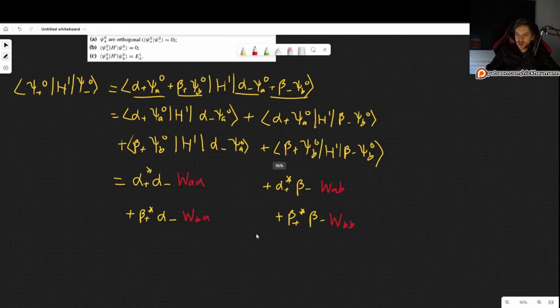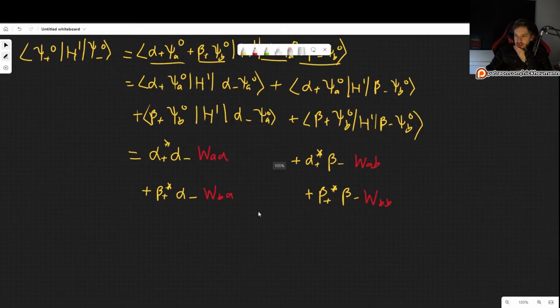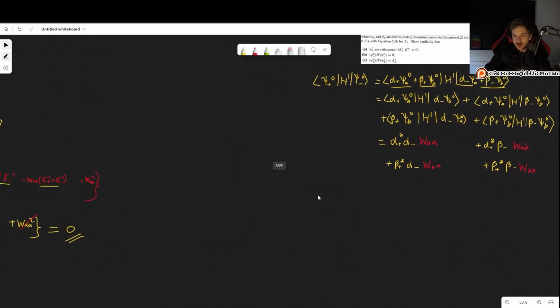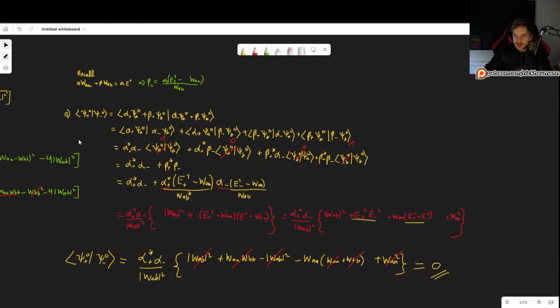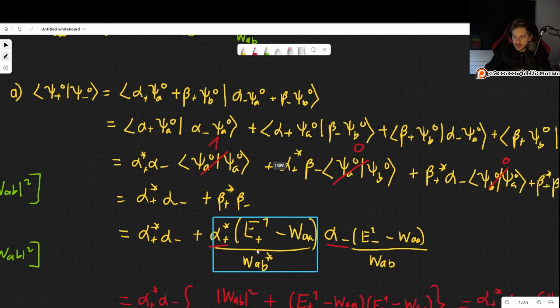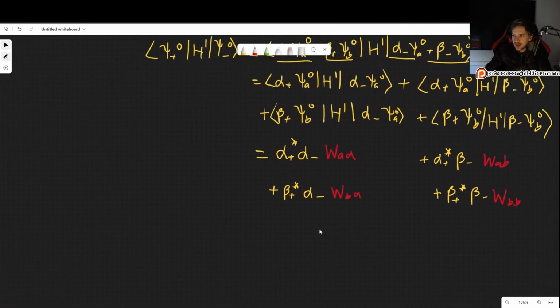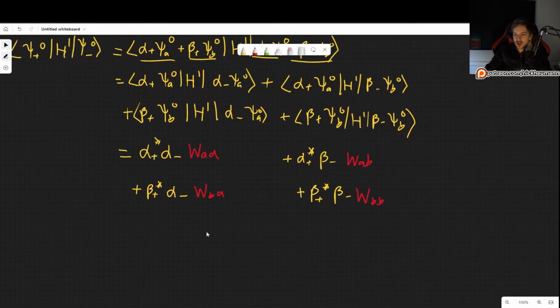Okay, so now we need to find some way to put everything together and get to something we can actually work with, because here we are a little bit stuck. Just as we did before, we were also stuck, but then we substituted either our betas or alphas for the expressions of what they actually are.